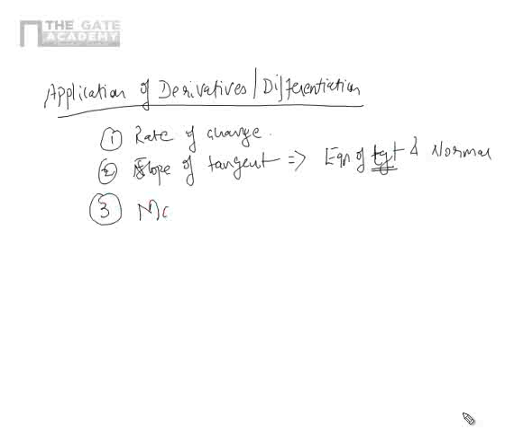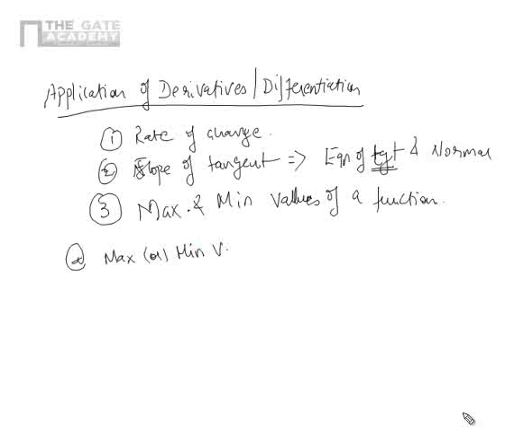Then third important one, this we have already seen. We can find maximum and minimum values of a function. That is, at max or min point, f dash of x will be 0. At max or min, not value, at max or min point.